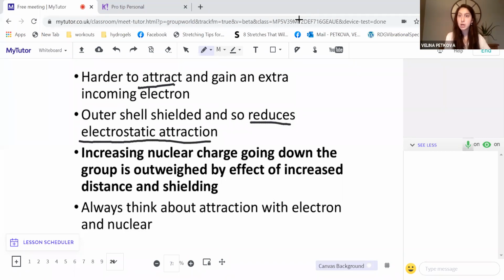So that's why it's harder to gain an electron. Although we've got an increase in nuclear charge down the group, it is outweighed by the effect of the increased distance and shielding. So we always must think about the attraction between the electron and the nucleus and the nuclear charge.